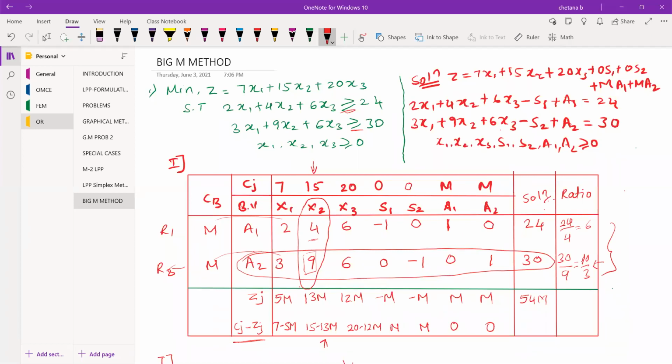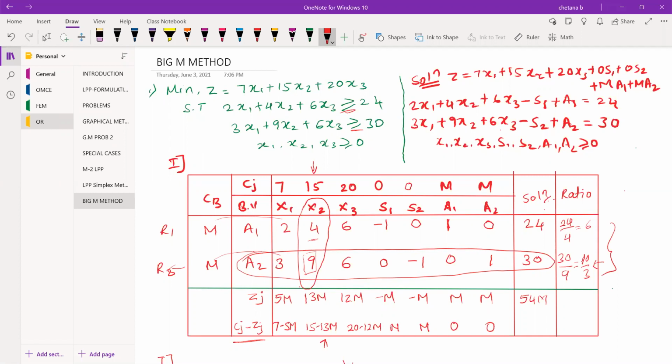It is all the models of OR that we are studying so far. If it is less than or equal to, and they don't specify that you need to use the simplex or the big M, you just go on solving using the simplex. Everything else is the same. In the last class, we studied the simplex with maximization.